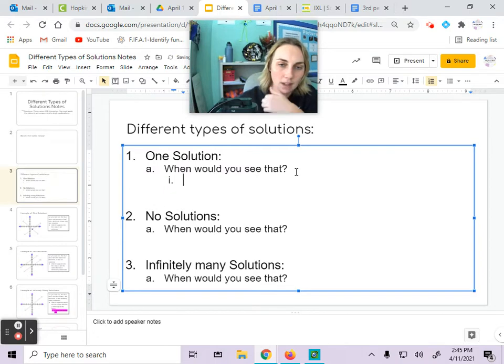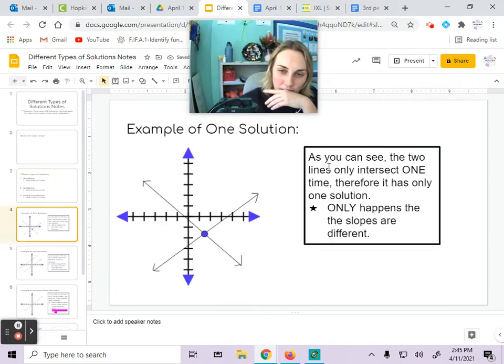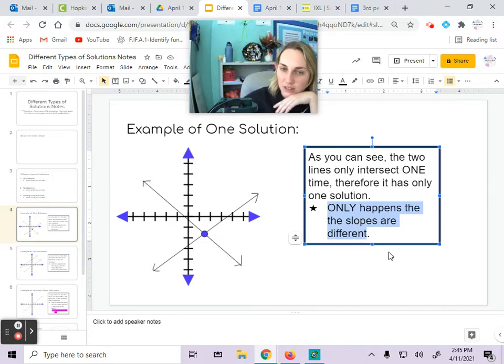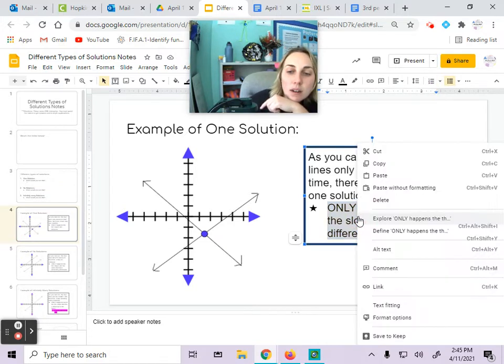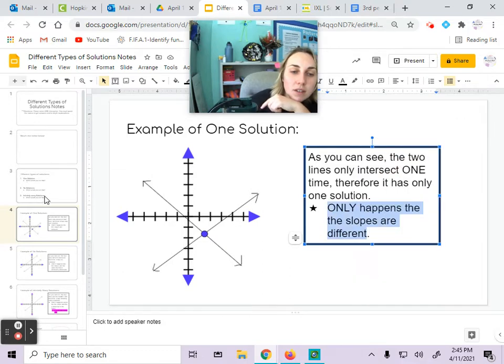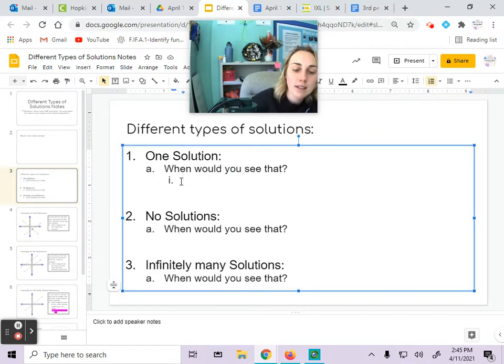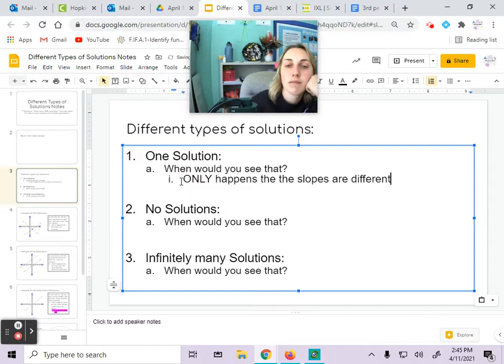What you're going to write down is, if you look right here, it tells you this only happens when the slopes are different. So you're going to copy that and paste it right there. It saves you some time and effort. So one solution, when would you see that? You're going to see it when the slopes are different.